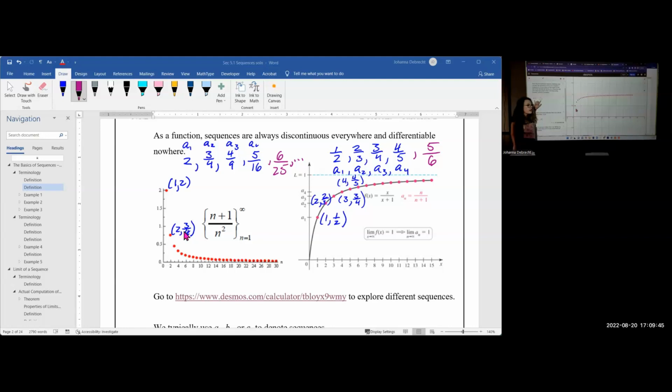Normally, this should be a of n is equal to n over n plus 1. Because of the way Desmos works, we have to enter x instead of n. It thinks n is a slider and it messes everything up. So we graph, in essence, the function a sub x equal x over x plus 1. And then we tell it to plot all the points n and a sub n in red.